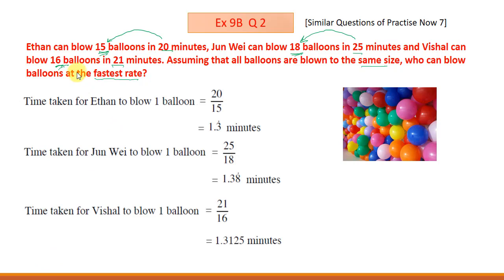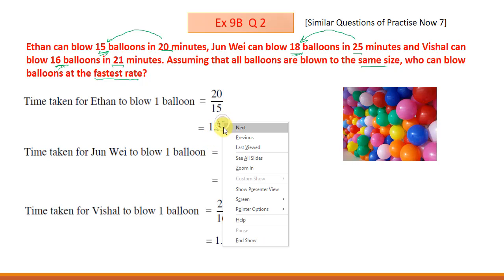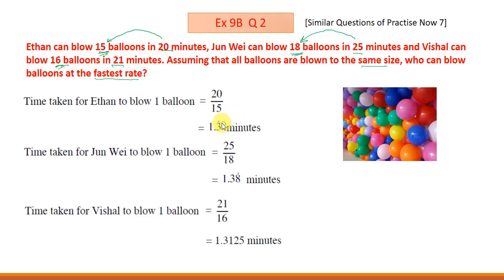Now we have to calculate who can blow the balloons at the fastest rate. So we are looking for the least time taken among these three characters. Let me round it off to 2 decimal places.